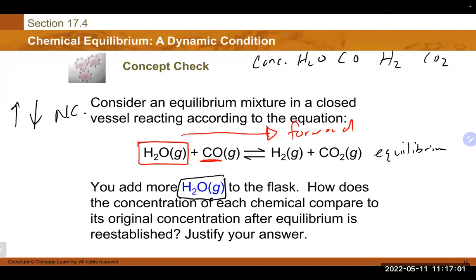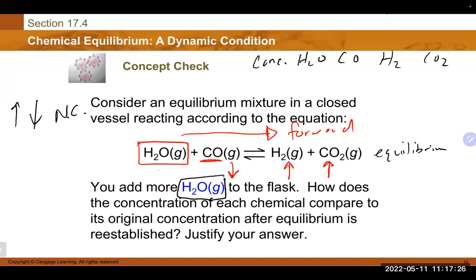So the concentration of CO should go down. The concentration of H2 should then go up, because we are making products, and the concentration of CO2 should also go up once again, because we're making products in this case.